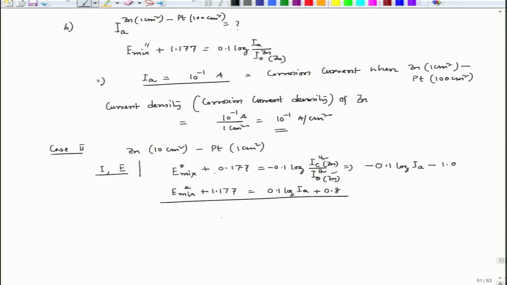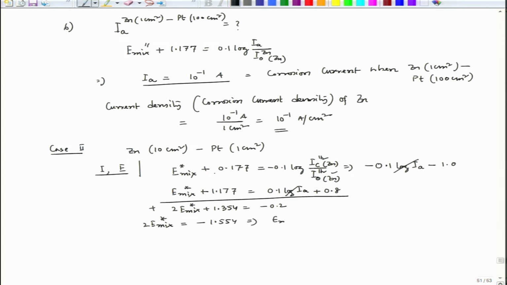So, if we add them, this 2 will get cancelled. So, this becomes 0.2. So, E mix star times 2 equal to minus 1.554.